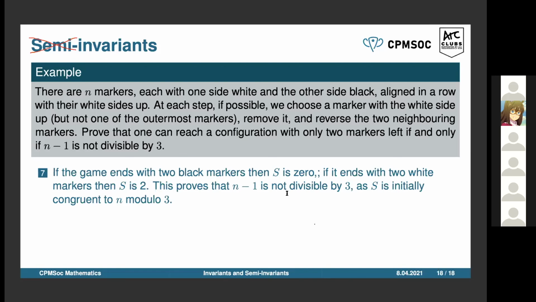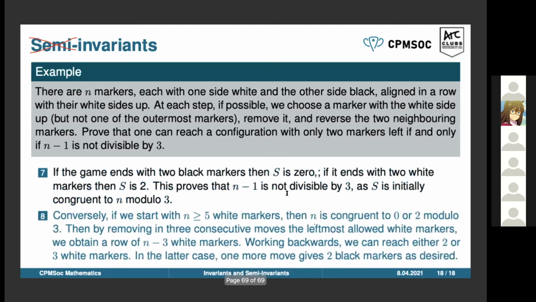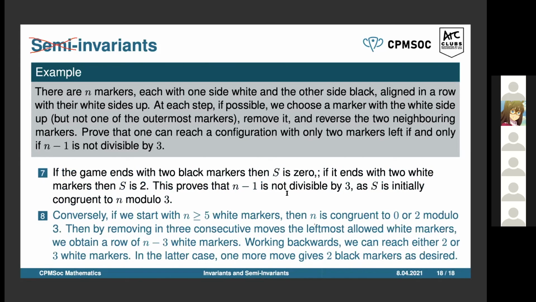And so if we're ending with 2 white markers, then we can't have n-1 being divisible by 3. So if we start with at least 5 white markers, then we're saying that n has to be either 0 or 2 mod 3. It can't be 1 mod 3, because otherwise we would end up with no markers.